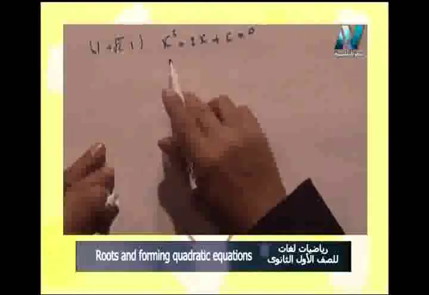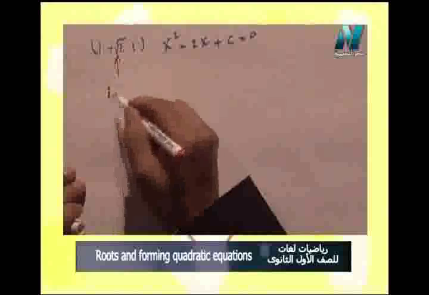So we know that if we have two complex roots for a quadratic equation, they will be conjugate. What is the meaning of conjugate? If we have the root 1 plus root 2i, then the other root will be 1 minus root 2i.